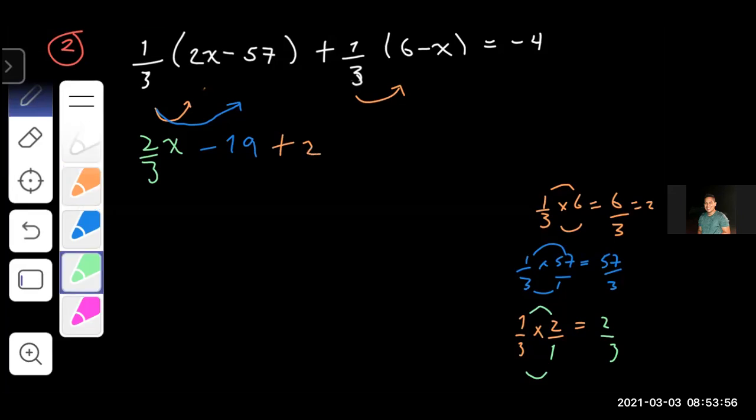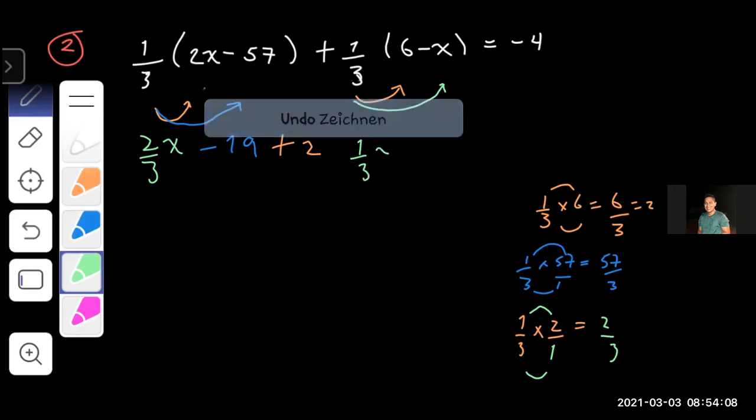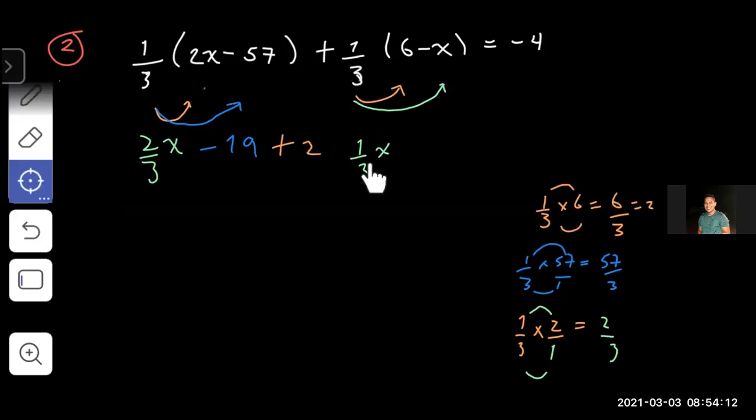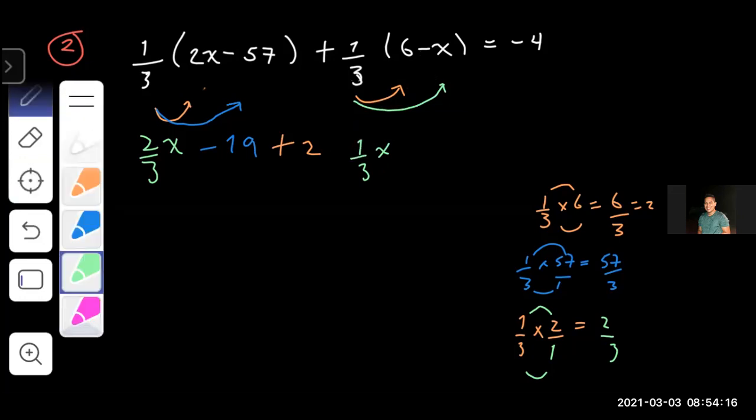And the last one, guys, is this and this: 1/3 times x is 1/3 of x. Negative, right? This is positive, this is negative, therefore this is going to be negative. Excellent, guys. Take a look, I just distributed that.